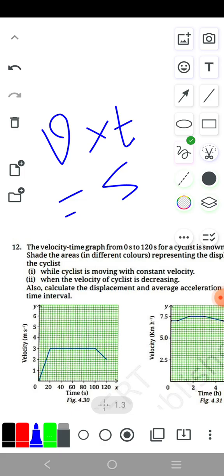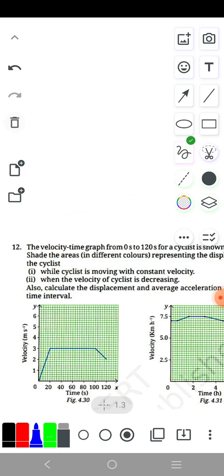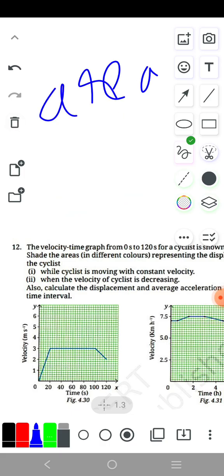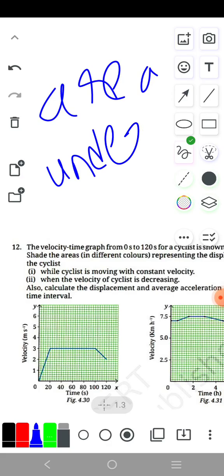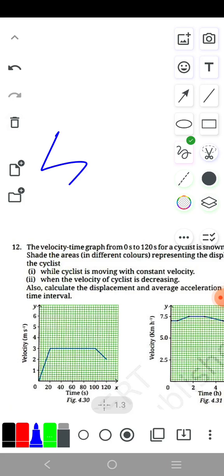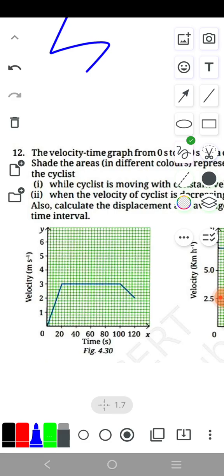So always remember, the area under the velocity time graph will give you displacement. So from this area we have to obtain displacement.